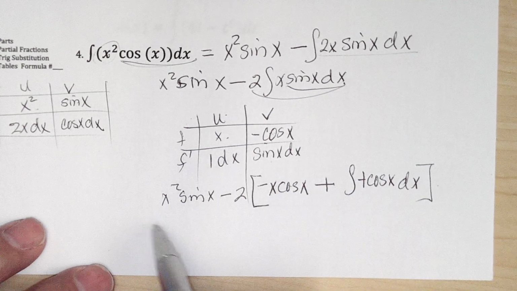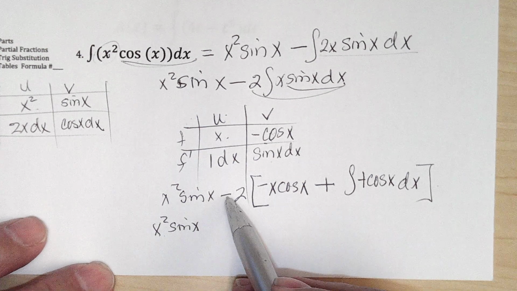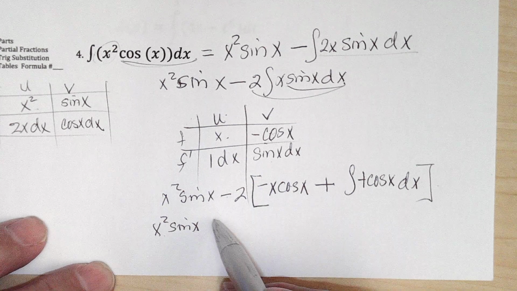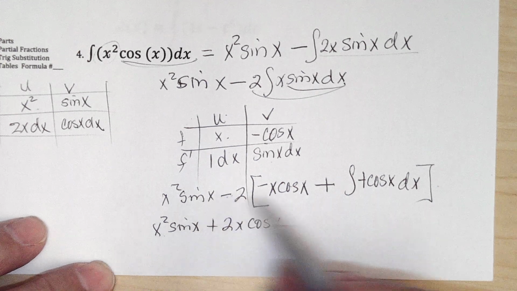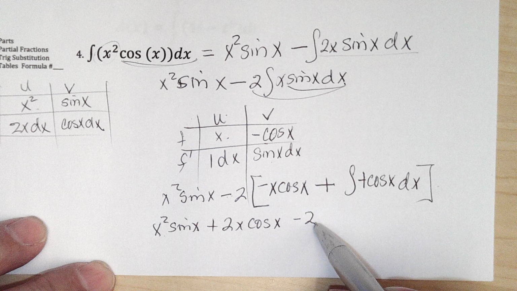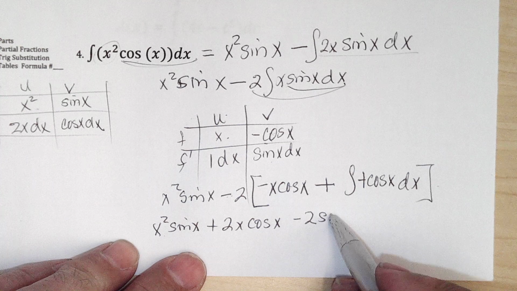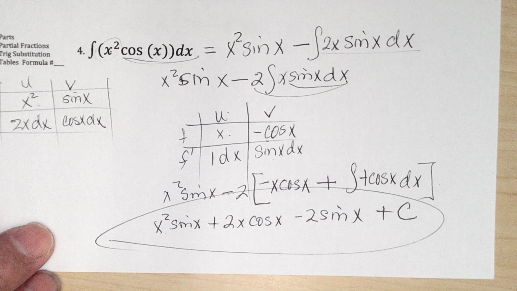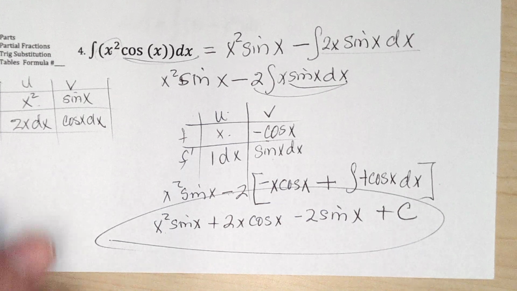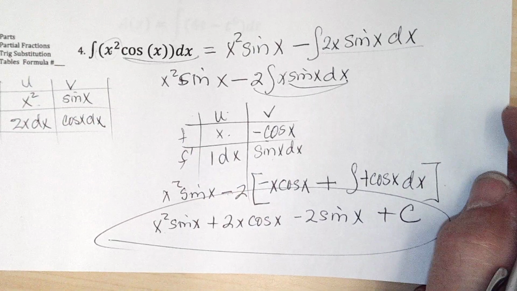And so I get x squared sine x minus 2 times that is plus 2x cosine x, and minus 2 antiderivative of cosine is sine. That was the integration by parts. Had to do it twice to get it. Next page.